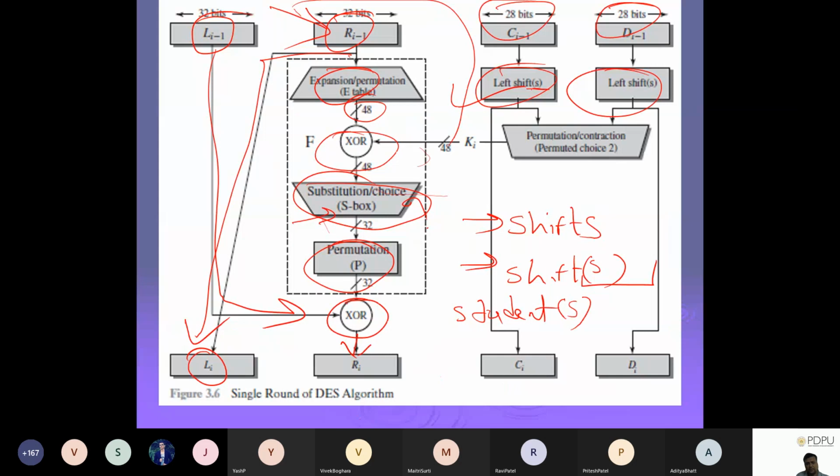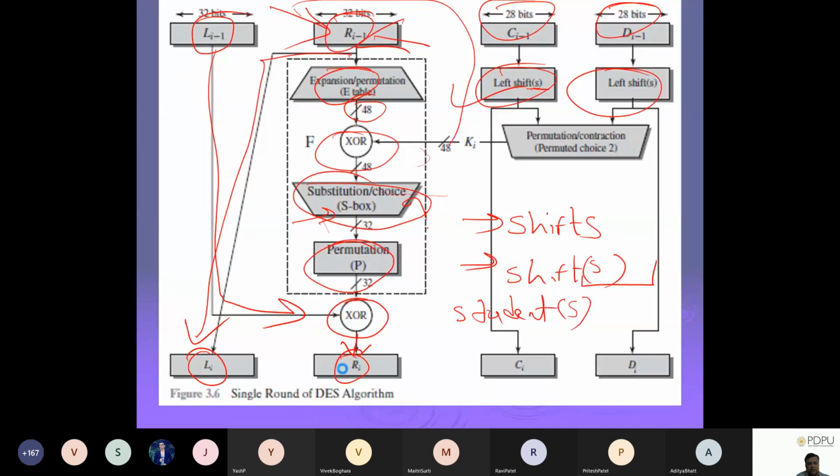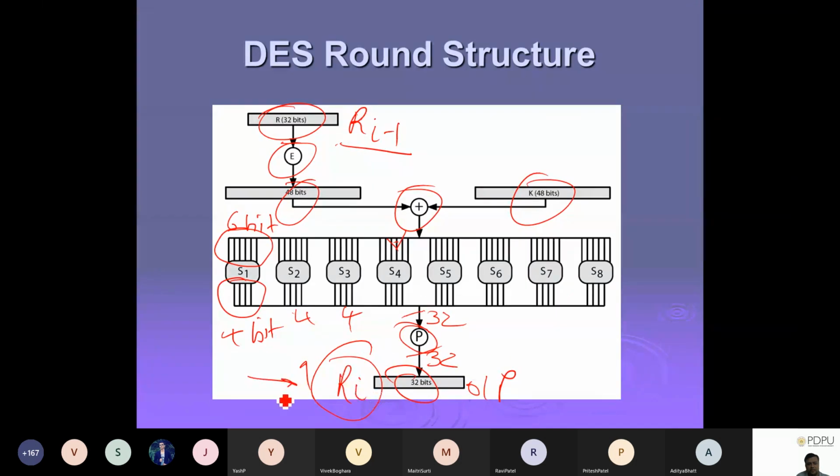This one is the previous figure. So this is R minus 1. So this is what our R minus 1. This is my Ri. So is this my Ri?